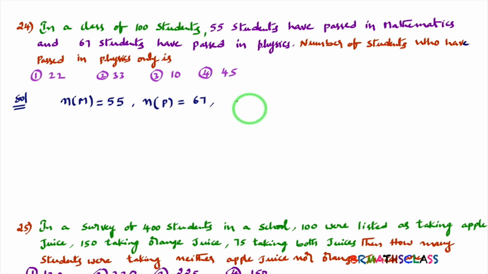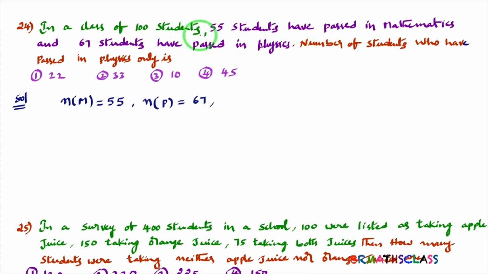What is that point? They are saying that in a class of 100 students, 55 students have passed mathematics, 67 students have passed in physics. What does it tell? It tells that in that class, all the students attempted mathematics and physics only. Try to understand this please.